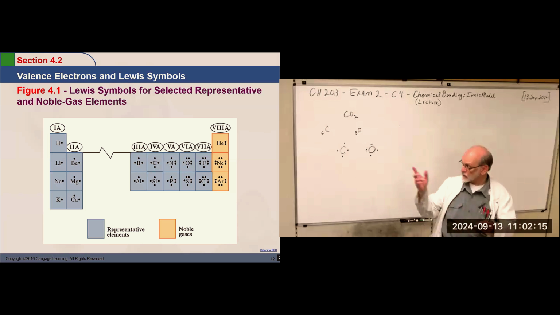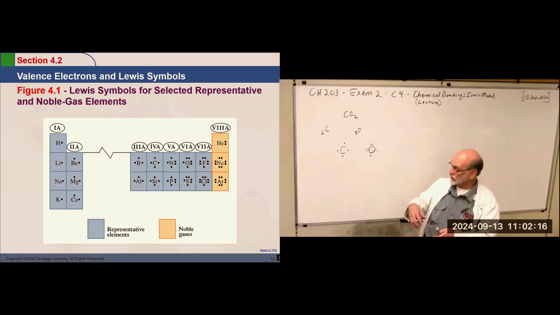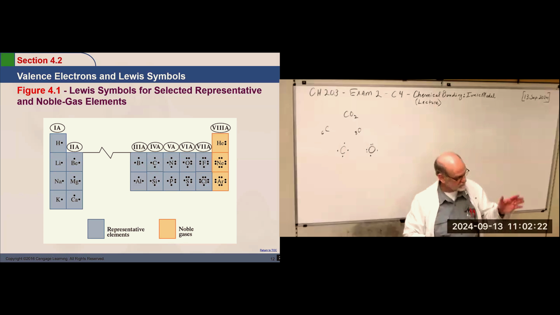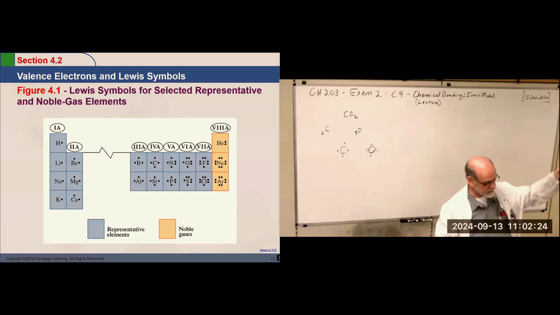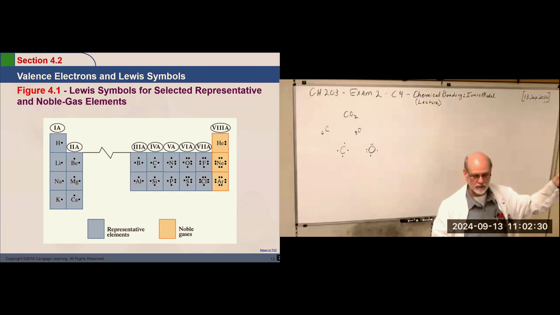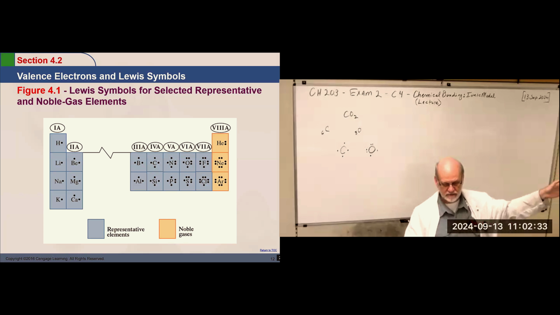And those are examples of other elements where we would use the Lewis dot structure. Notice all the alkali metals only have 1 electron in their valence shell. Alkaline earths have 2, boron, aluminum, 3, carbon, silicon, 4, nitrogens, 5, chalcogens, 6, halogens, 7.